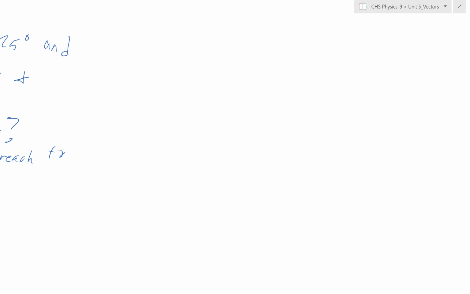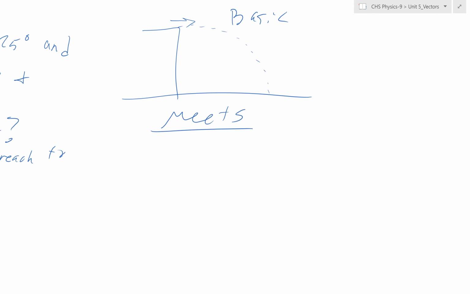More or less, the basic level is being able to solve problems where something just falls horizontally off of a cliff or out of a window or something like that. That's your basic level. Meets is going to be where, if this is the ground, something's fired up at an angle and it goes like that, and then being able to solve for anything that goes along with that.